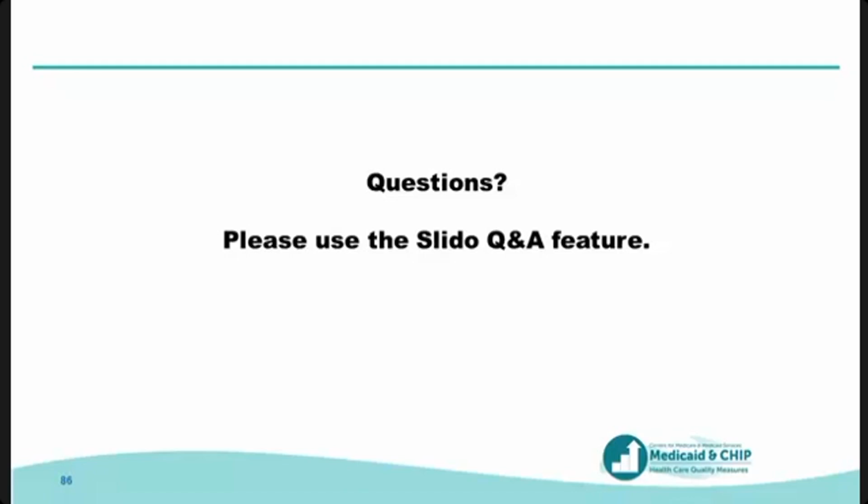Okay, we have received a few questions related to stratified reporting in the QMR system. So a couple of questions related to the new OMB statistical policy directive. Just to clarify, for 2024 reporting, the stratification categories will align with the previous guidance.